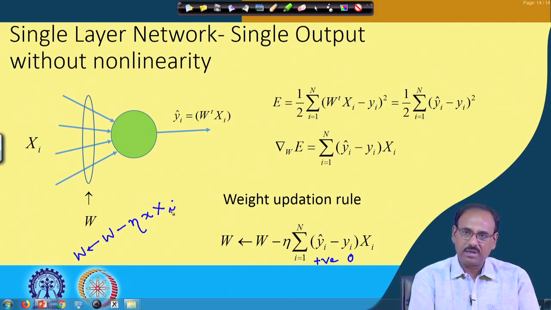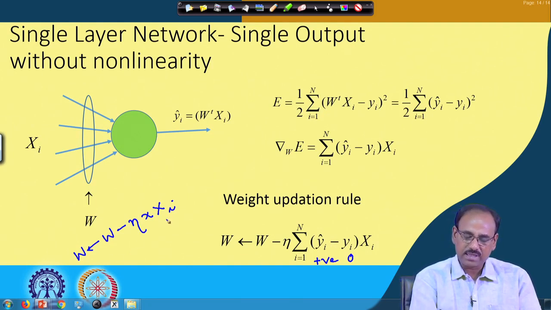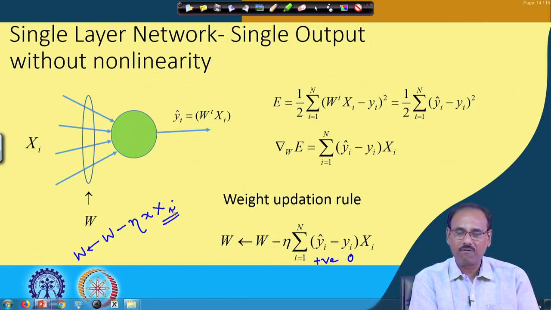So, this is the other vector for which W transpose xi should have been negative, but it has been misclassified because yi hat has been computed as positive by the neuron, by the neural network. And in this case, what we are doing is subtracting a fraction of xi from W, or in other words, we are adding a fraction of negated xi to W. Again, the same thing that we have done in case of our Perceptron algorithm.